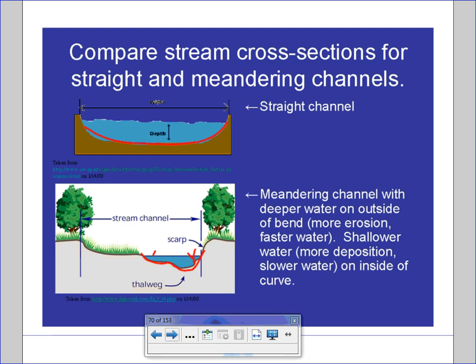And on the inside, it would be shallower because the water is going slower. It's dropping more stuff off, adding stuff to the bottom instead of carving out and carrying it away. So X, you would expect to be shallower on the inside, slower moving water. Y, on the outside, faster moving water and deeper. And those you see on meanders.